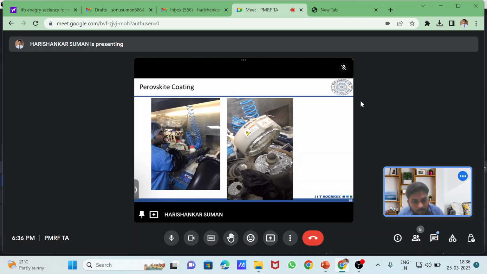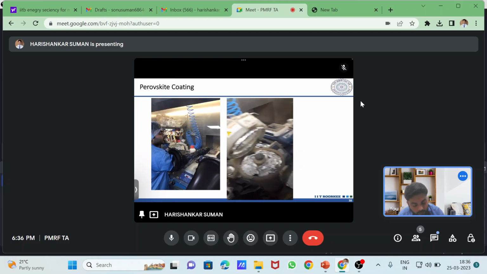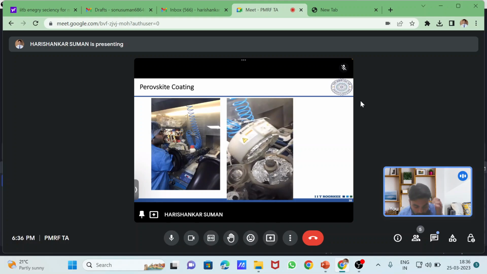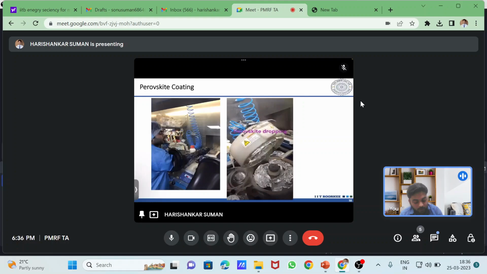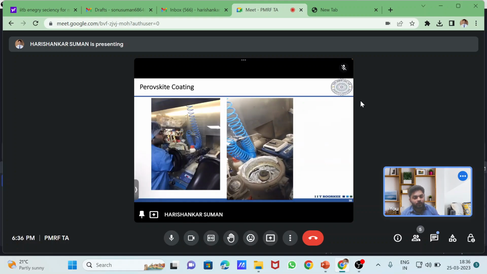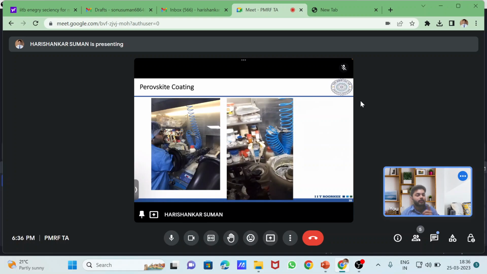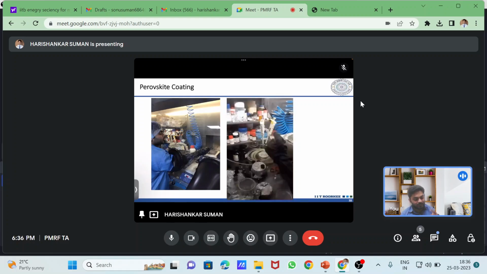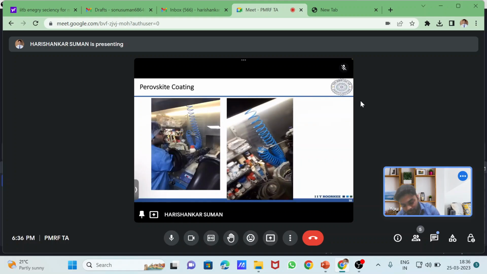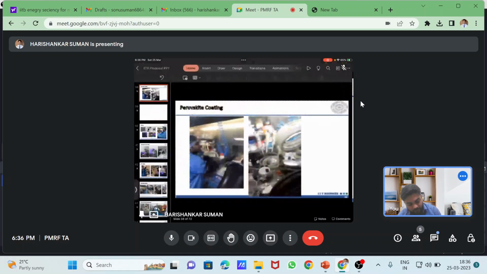You can see on the FTO the electron transport layer is already coated, and now I am coating the perovskite. Drop the perovskite. I have dropped the yellow light liquid. Then rotate the FTO around 4000 rpm. This is known as a spin coater, and this is spin coating. So this is the fabrication at IIT Kanpur.